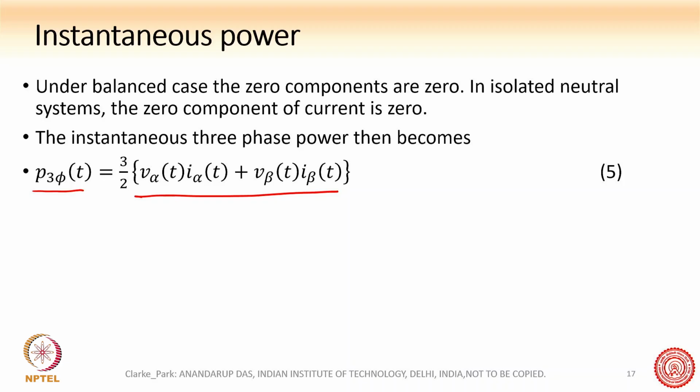We will only deal with alpha beta variables, alpha voltage V alpha, V beta and currents I alpha, I beta, rather than VA, VB, VC and IA, IB, IC. So there is a reduction of variables in case of a balanced system. That is one advantage of using this. There are several other advantages which I will tell you as we go on.